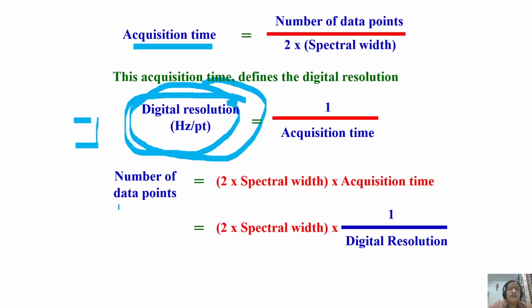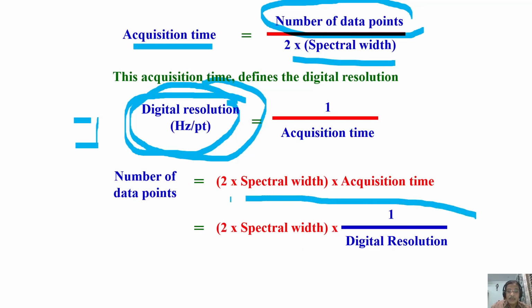So how do you decide the number of data points? Manipulate this equation. The number of data points is the acquisition time multiplied by twice the spectral width. I said acquisition time and digital resolution are inversely proportional to each other. And this is the equation.